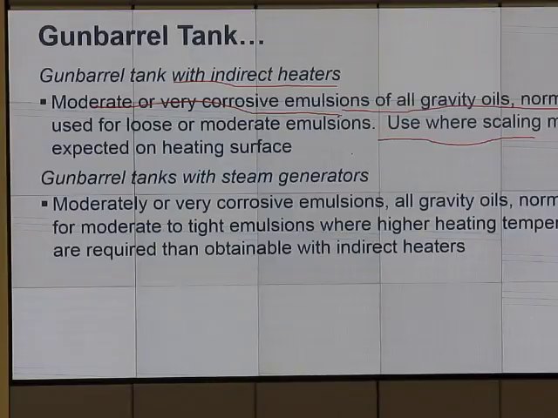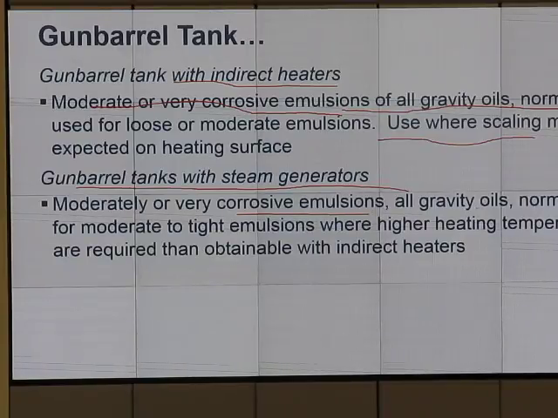And there's a gun barrel tank with steam generator. This comes from the Silvas textbook, so they also sell you one with a steam generator. For very corrosive emulsion, you cannot have a heating element touch the corrosive fluid, right? So it has to be an indirect heater.